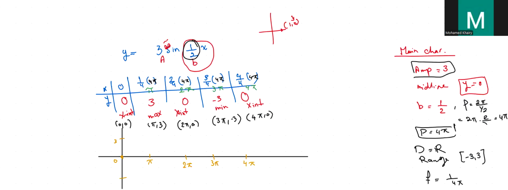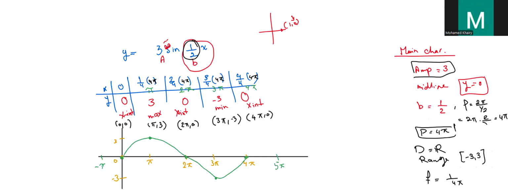Let's graph it together. 0, 0. Then I have here pi and 3, 2 pi and 0, 3 pi and -3, and 4 pi and 0. If you want to extend it, you can. So here is going to be 5 pi and so on. If you want to extend it from the left side, this is negative pi, but we are just graphing here the main one, which is here.